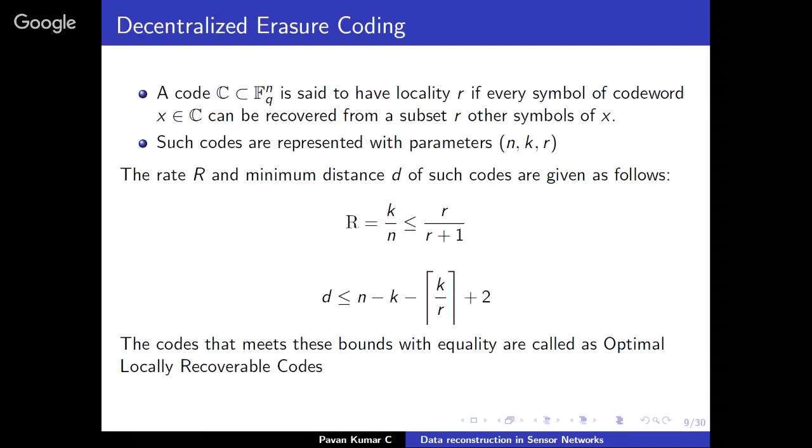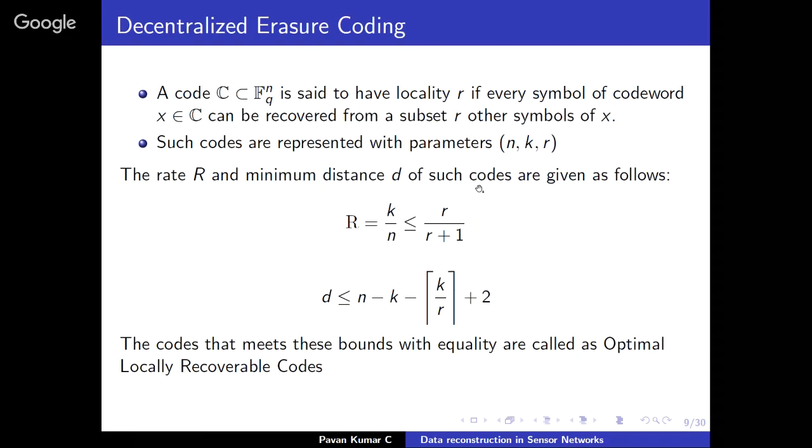A code C, which is a subset of F over the alphabet Q of size n, is said to have locality r if every symbol of the code word X in the code word space C can be recovered from a subset R of other symbols of X. Such codes are represented with parameters n, k, and r, where n is the length of the code word, k is the information or the message, and r is the locality.